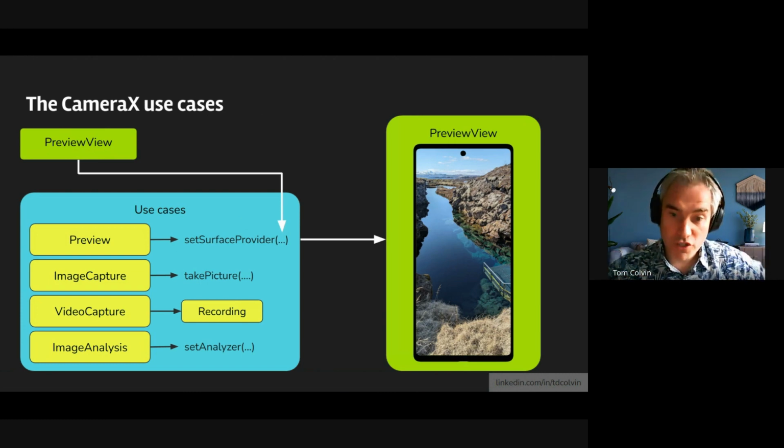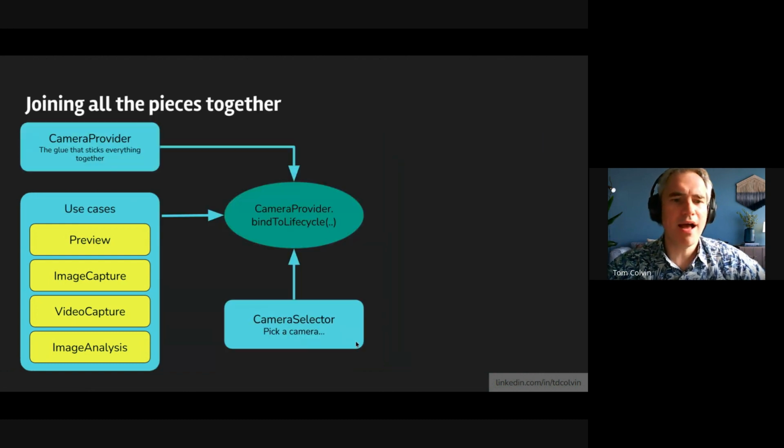Now, those are just the use cases, but you also need to bind them to a camera, either a front-facing camera or a rear-facing camera, and to the CameraX library more generally. And for that, we have this class called camera provider. So what we do is we ask the CameraX library for an instance of a camera provider. And we take the use cases that we want, any of the above.